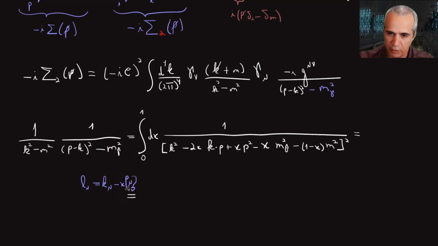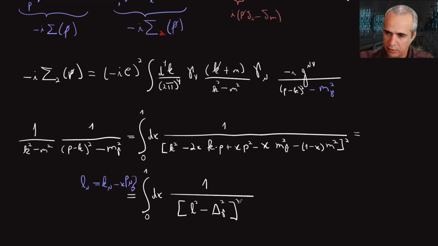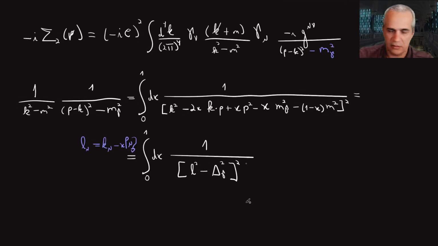I'll put that here, and that becomes a simple denominator in l squared minus something that does not involve l. And that something in this case is, let me write it here.